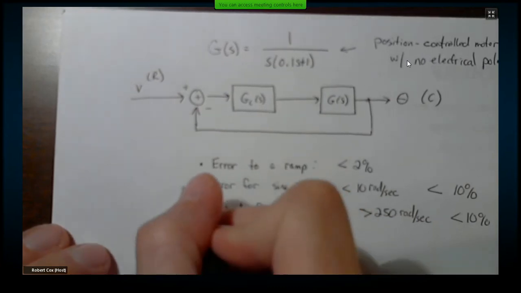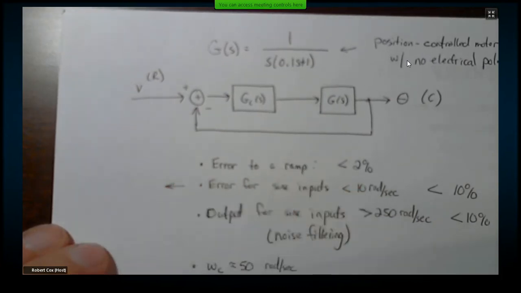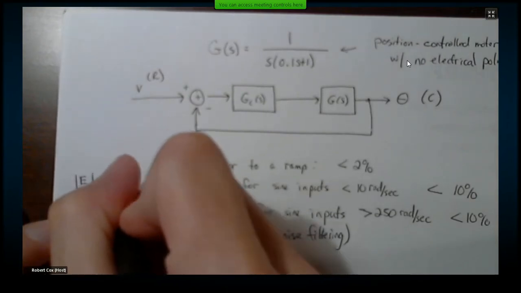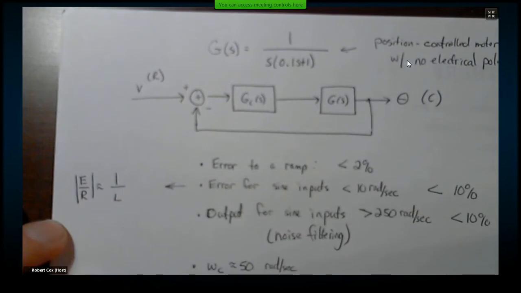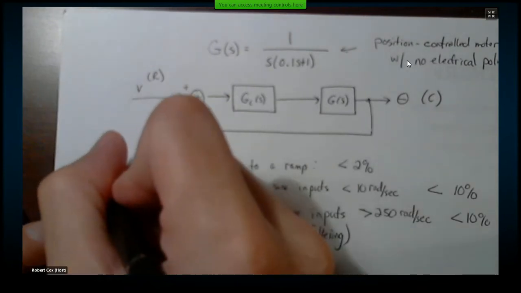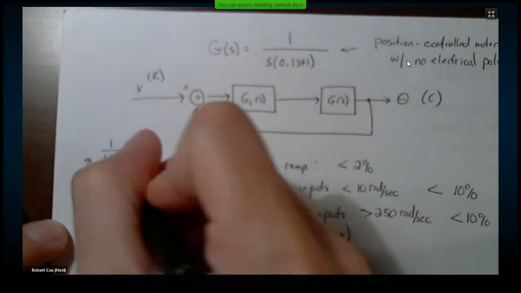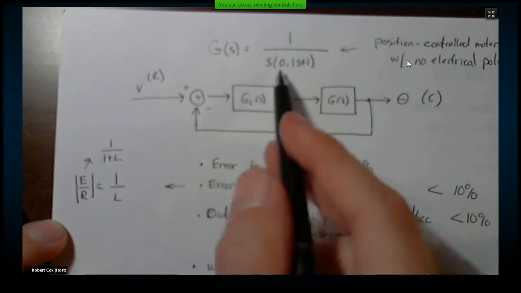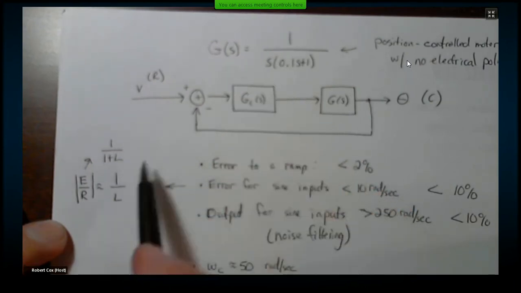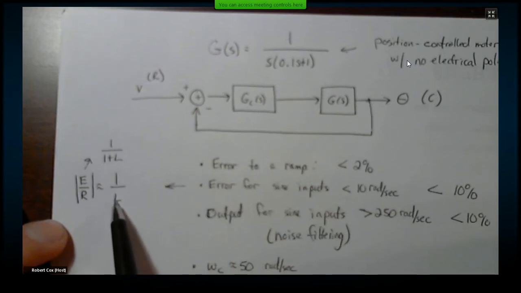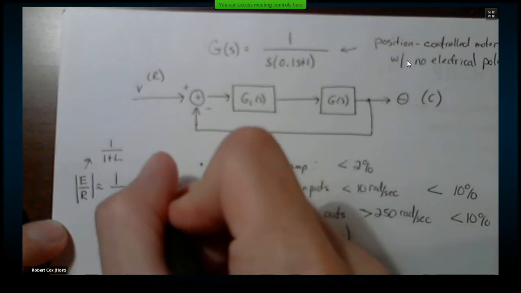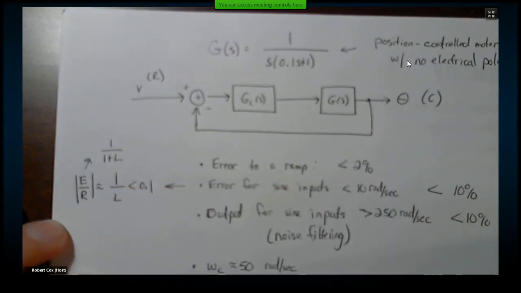Well, first of all, let's start with this one, right? So error at low frequencies is approximately 1 over L, because this guy is 1 over 1 plus L. So at low frequencies, if my L is big, which this guy definitely will be, this will approximately become this. So I know that that has to be less than 10%, which means less than 0.1.